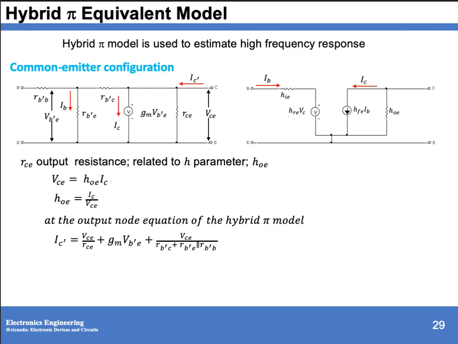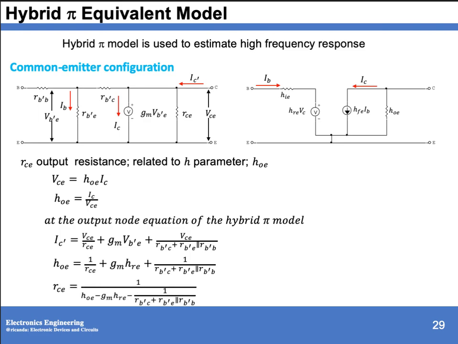So the voltage from this terminal with respect to your emitter is your voltage VCE. Substituting this one to your HOE, this is now your equation of your HOE. Solving for RCE, this is the equation of your RCE.